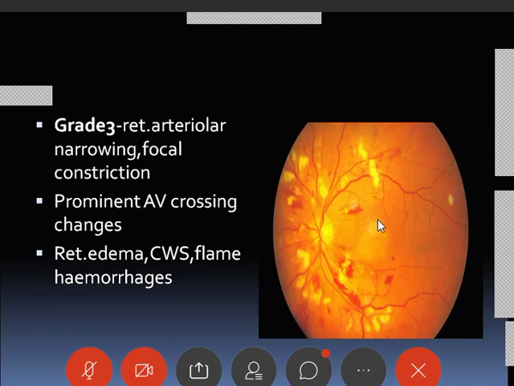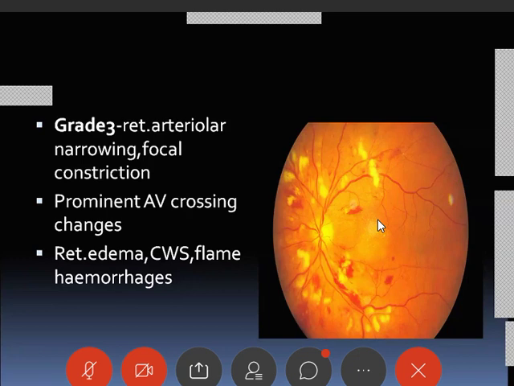They are just like cotton wool, fluffy with irregular borders. So these are the characteristic features of hypertensive retinopathy: superficial hemorrhages and the cotton wool spots.